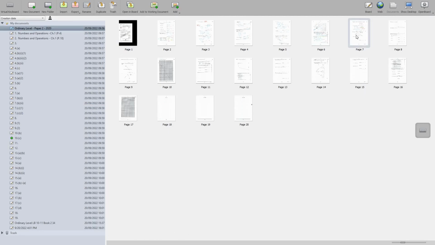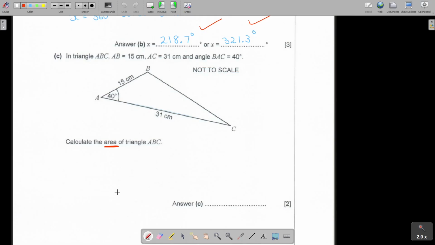So let's go back and we finish off that question with that knowledge. Let's just say the area of triangle ABC is equal to a half, and it's 15, and it's 31. The two sides, do you see that? And it's not cos, it's sin of 40. The information is like the cosine.